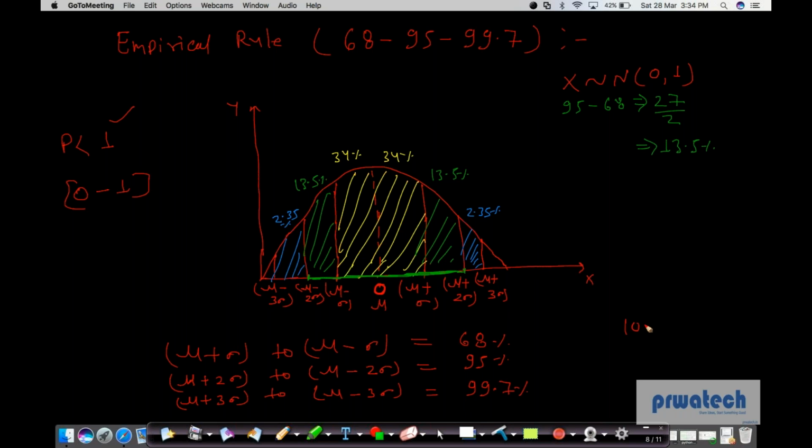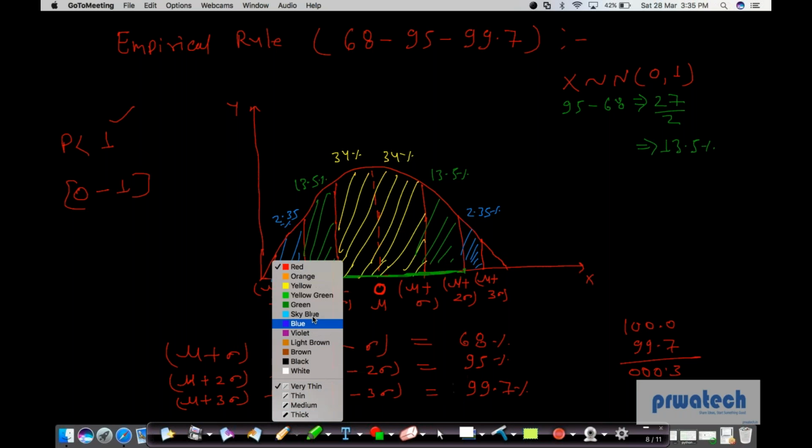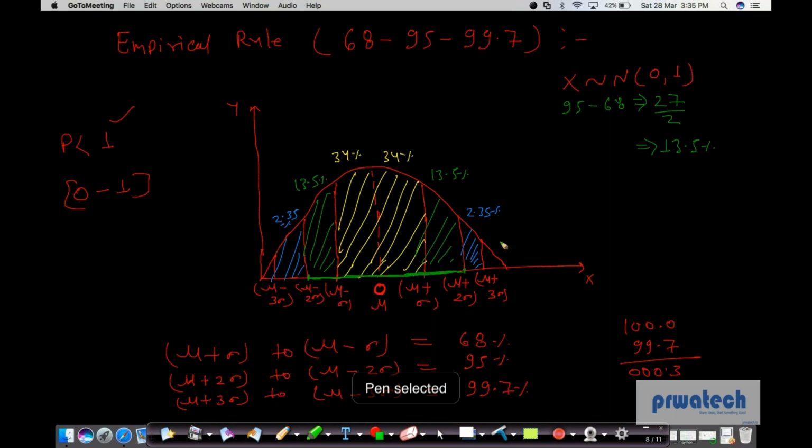100% minus 99.7 is 0.3. So 0.003, you can write this as 0.15% this side, and 0.15% this side.